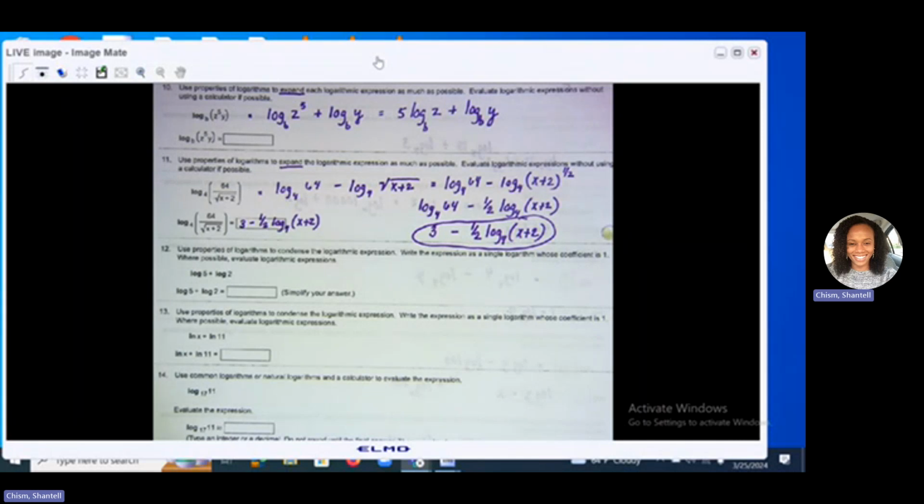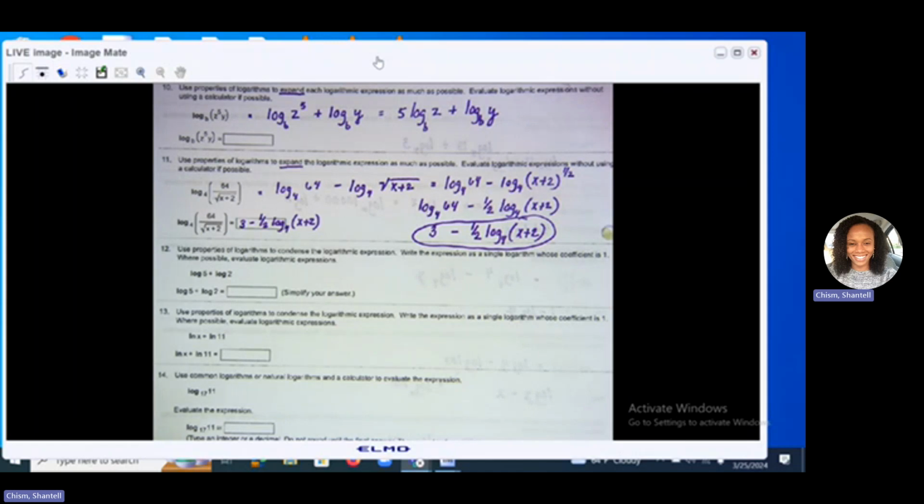There's a little bar at the bottom of the screen that will pop up to allow you to choose whether you need an exponent, whether you need a square root, whether you need an ordered pair. It gives you all the options that you may need to express your answer in. Make sure that you use their log key there, because I'm not certain if you use the log keys on your keyboard, if the computer will recognize it.